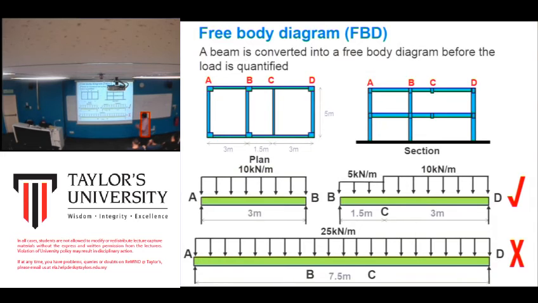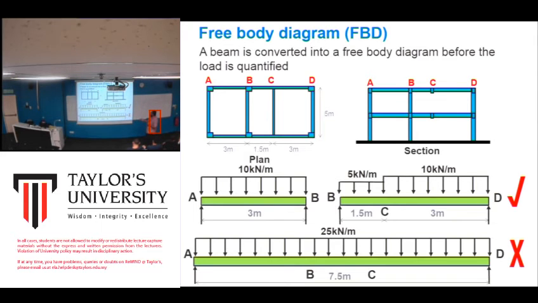Okay, when we draw a free body diagram, this is the correct way. Let's say we want to draw a free body diagram of A to D. We cannot just take A to D and put this, totaling up the load, because we have three supports. So we need to divide into two free body diagrams. A and B have one support. A has a column support and B also has a support.